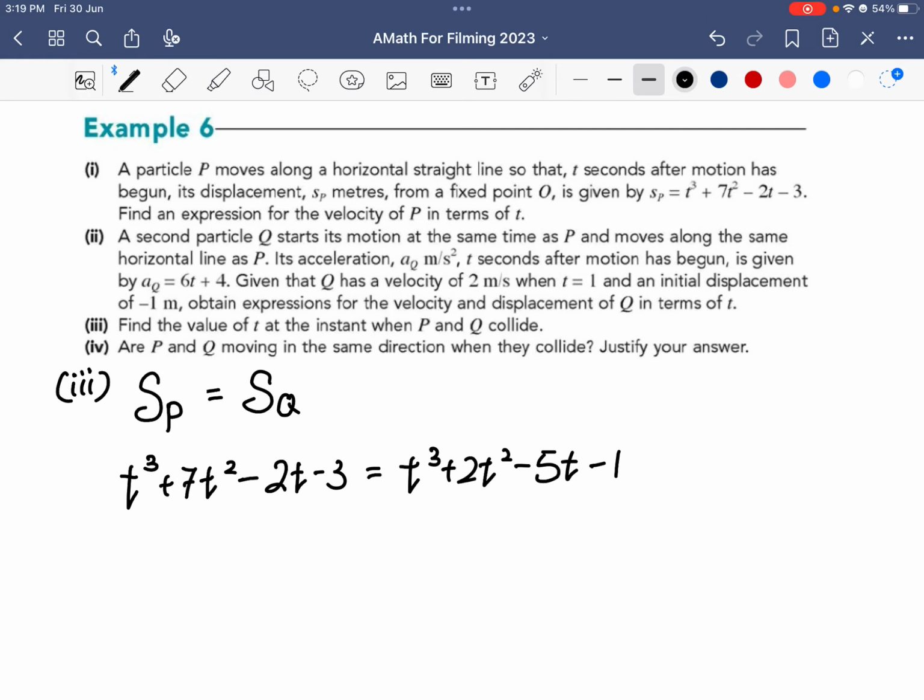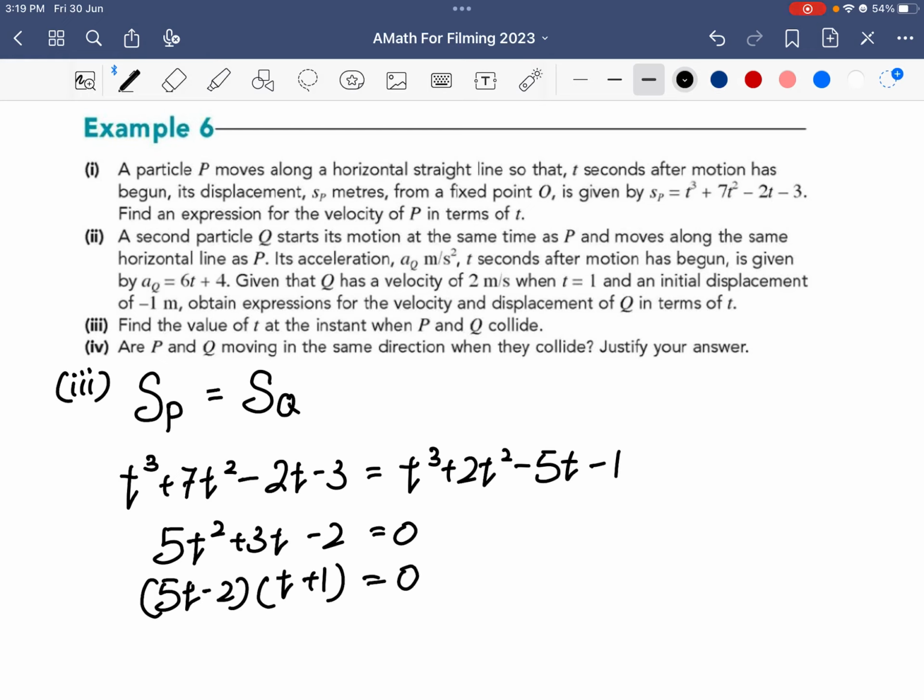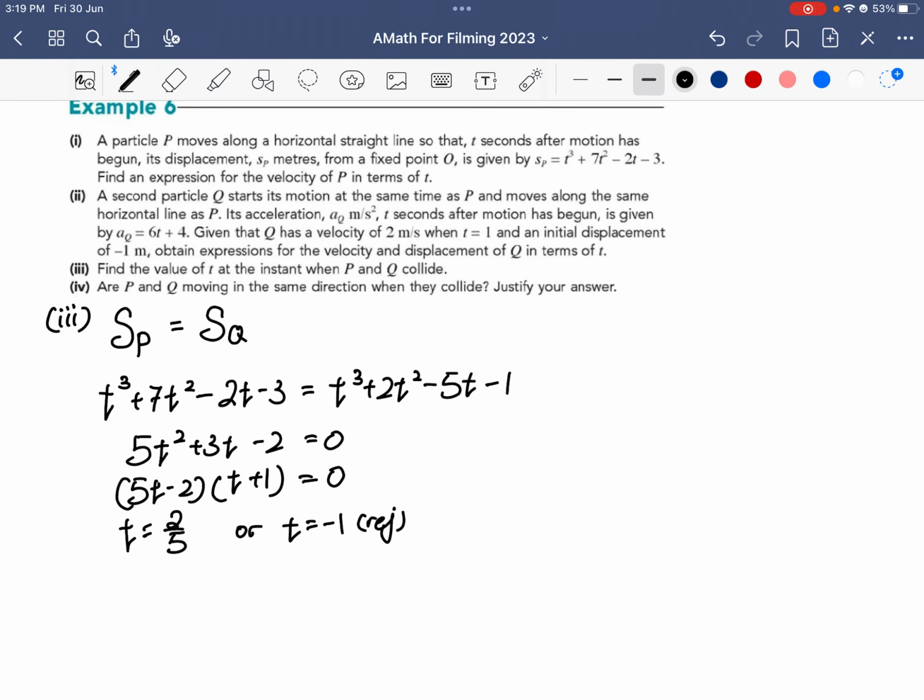If you simplify everything, you get 5t squared plus 3t minus 2 equals 0. Quick factorization produces (5t minus 2)(t plus 1) equals 0. So t equals 2/5 or t equals negative 1, which you have to reject, because you cannot go backwards in time, so time must be positive. So t equals 2/5. Hence, when they collide, the time is equal to 2/5 second.